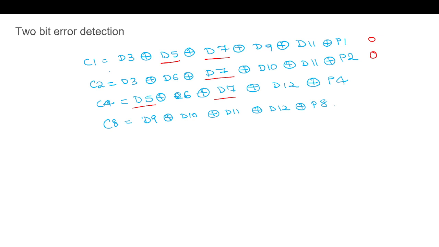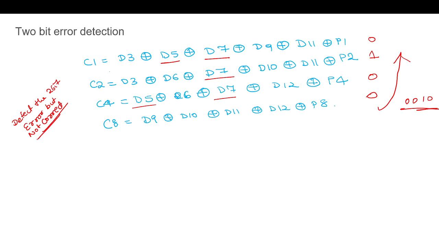Here it is only 1, so this will be 1. And here also 2, so this will be the equation. If we write like this, we will be getting 0, 0, 1, 0. So we can detect the error but not correct. We can detect the 2-bit error but not correct.